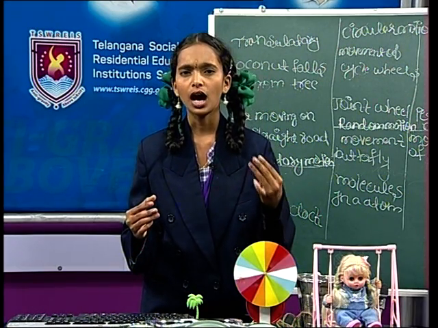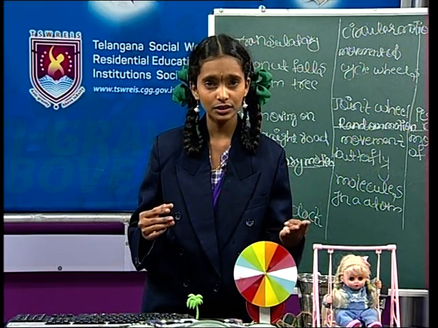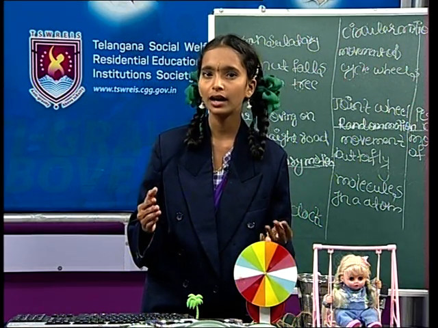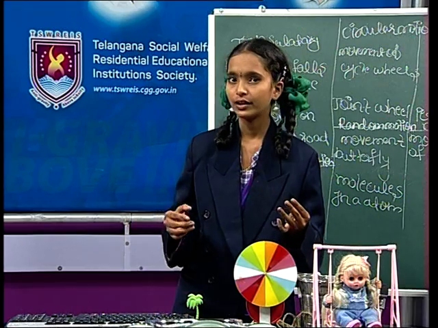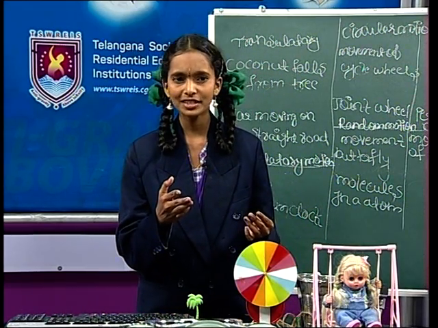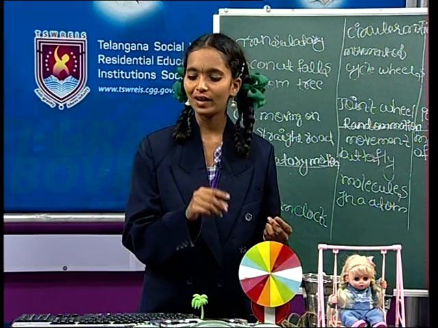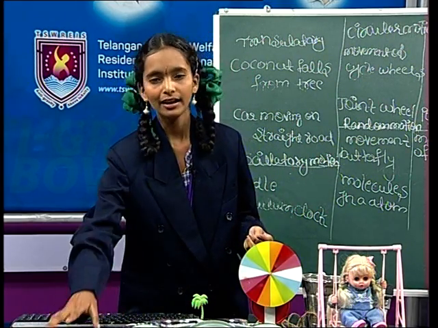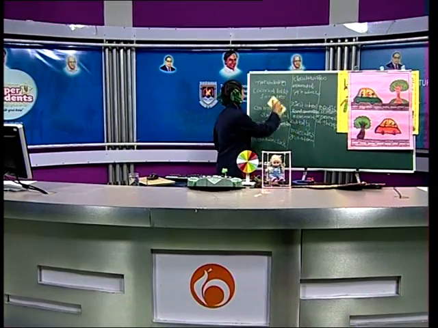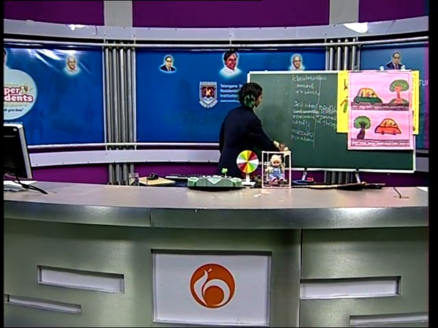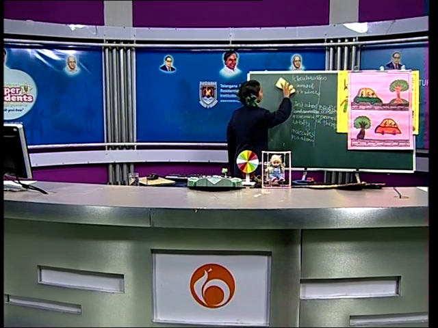You may have a doubt: how does it indicate the acceleration? We have a formula for acceleration. Do you remember it? Yes, tell me what it is. Very good. Acceleration is equal to change in velocity by time taken. Let us write on the board. Yes, what is the formula? Can you tell one more?